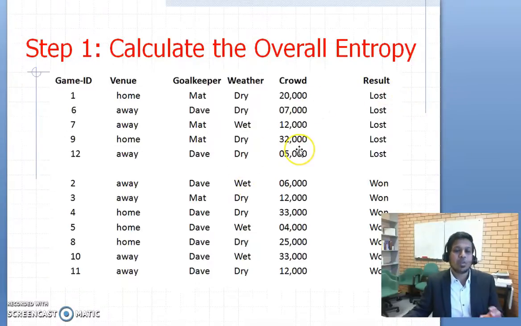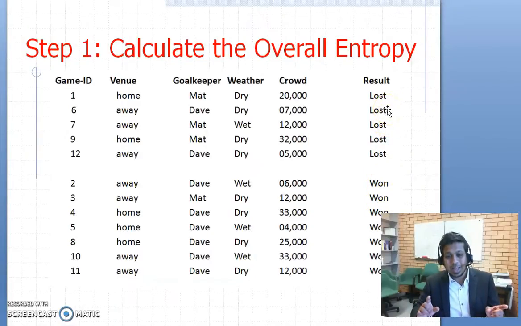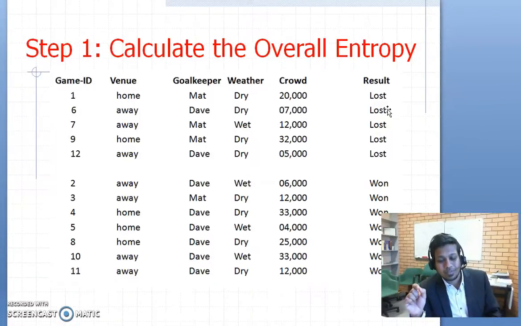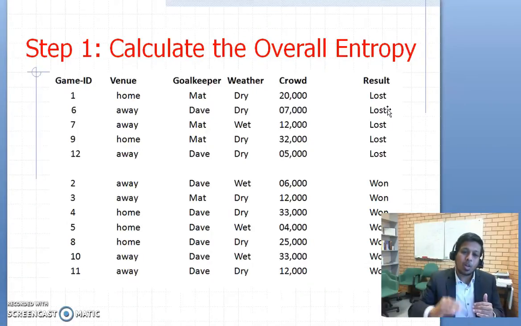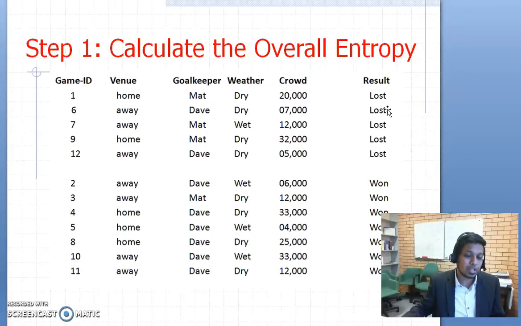If you had a dataset where all of the records had the result value of won, or lost, one way or the other, then if you picked one record randomly and told me its value, your uncertainty would be 0. You would be completely certain because all the records have the same value, so whichever record I pick, it will have the same value. If all the records have the value lost, then a randomly picked record will be lost as well.